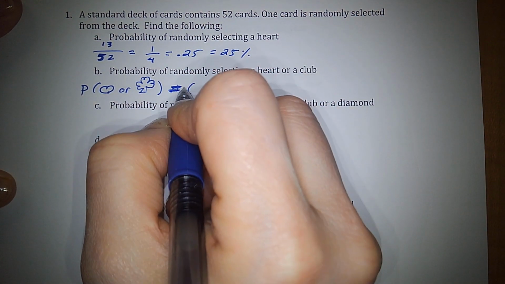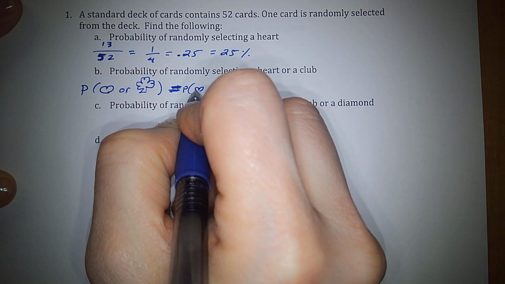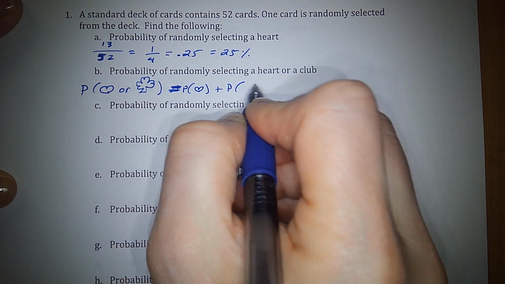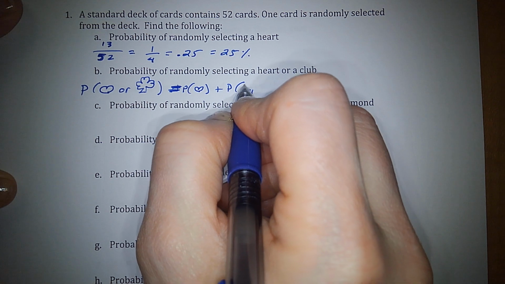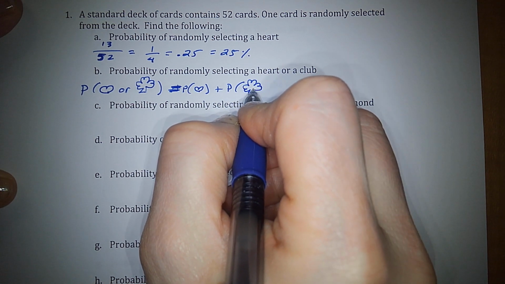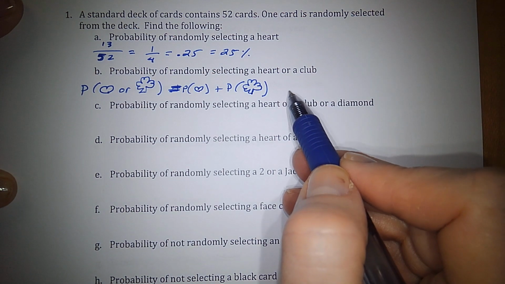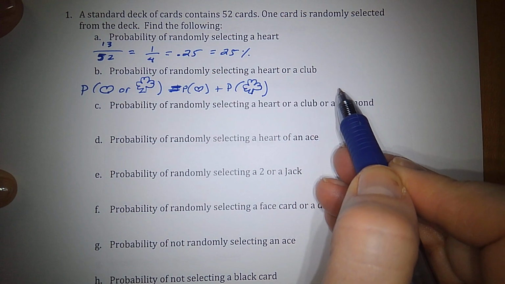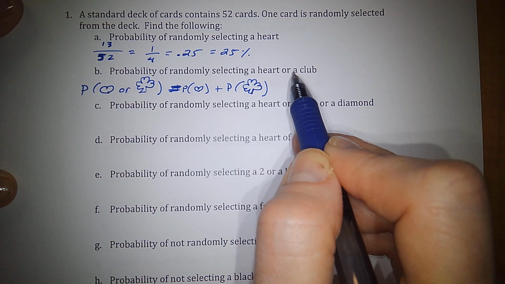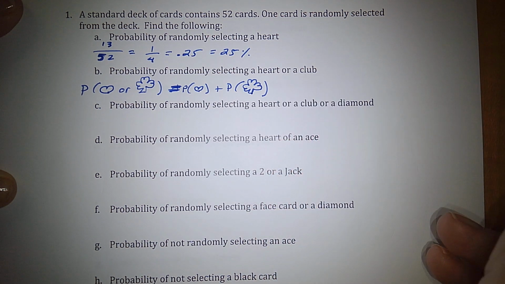So I know it's going to be the probability of selecting a heart plus the probability of selecting a club. However, I don't know if I'm supposed to subtract out that extra piece. We have to determine whether hearts and clubs are mutually exclusive.